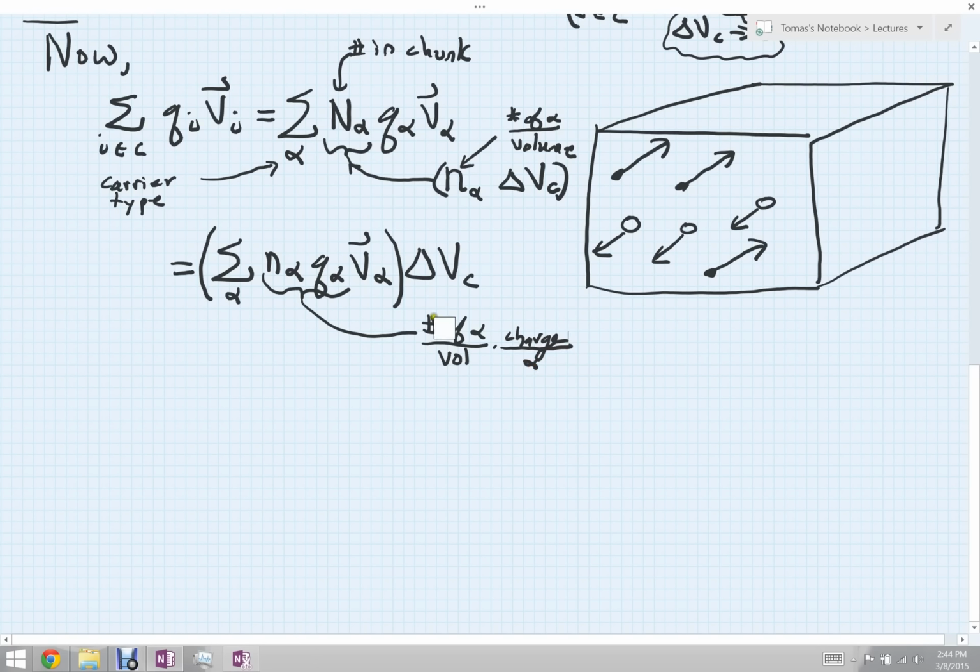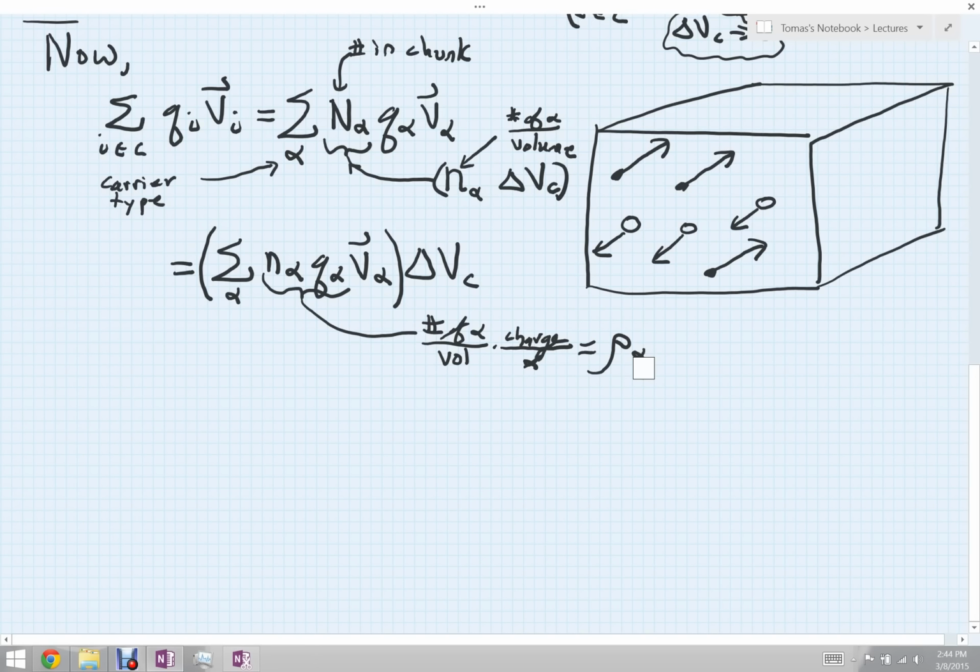And when I multiply these, number of alpha times charge over volume, this then is just the charge per unit volume associated with type alpha. So that would just be rho sub alpha, charge per unit volume associated with type alpha.